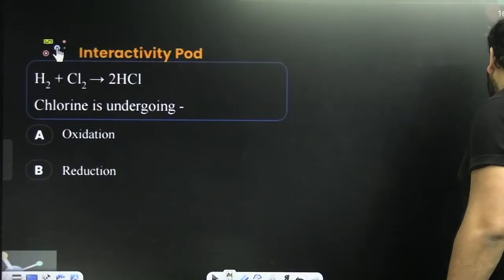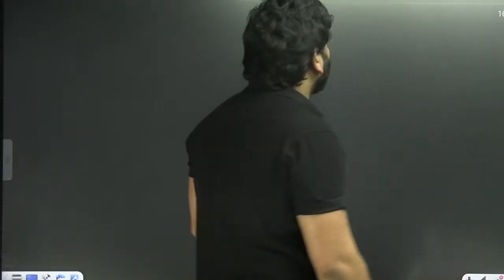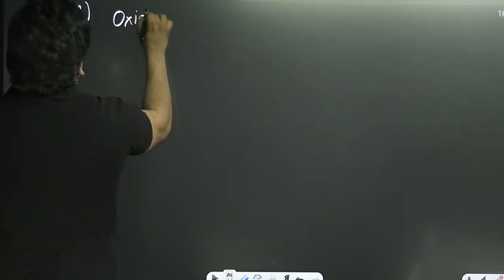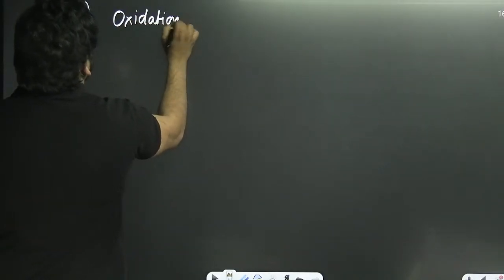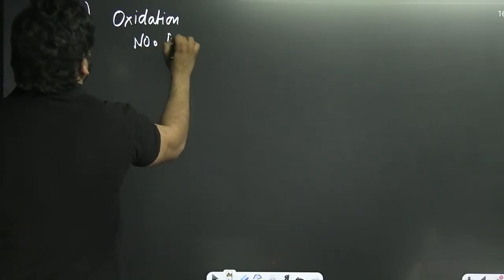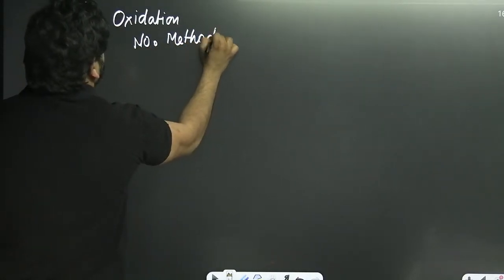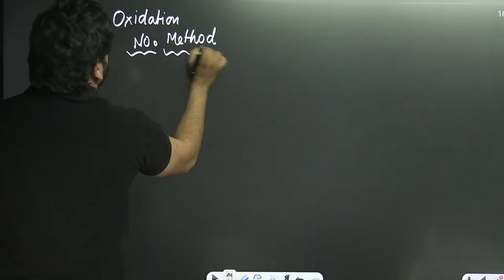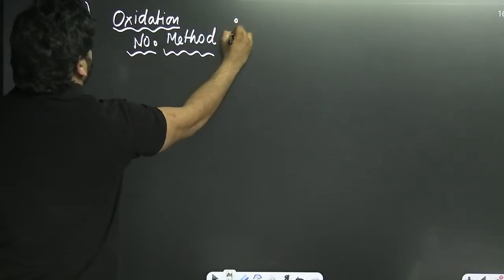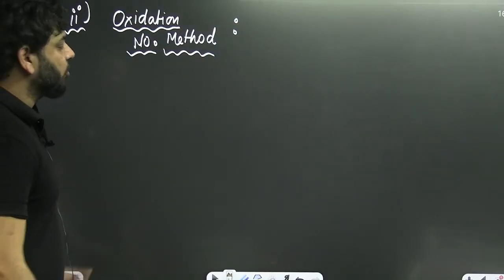Now I'll take you to one more method, the ultimate method that we all have to use. This is called the oxidation number method. How do you identify using the oxidation number?